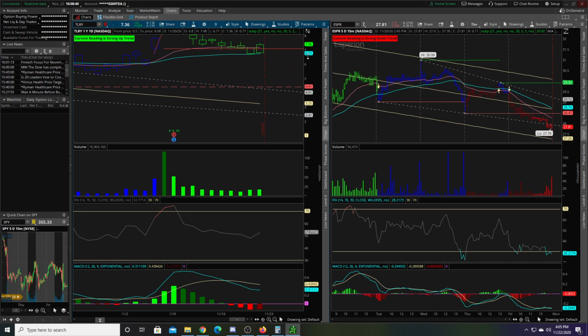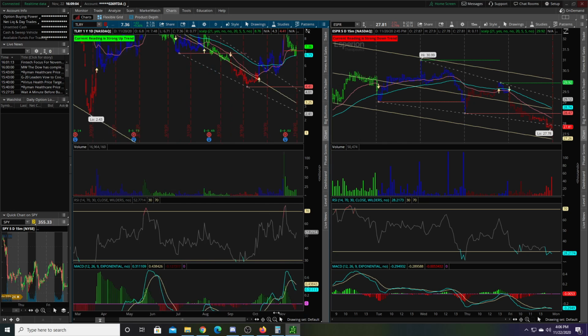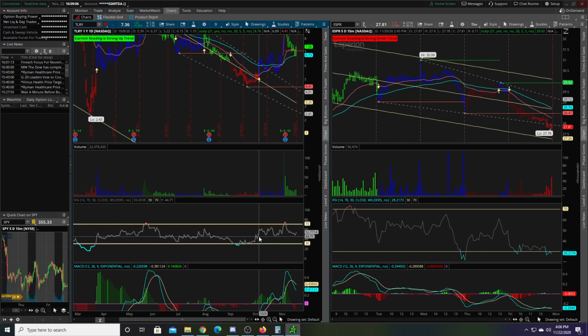I use the 50-day moving average and the 30-day moving average to see if we're getting a substantial move from the downside to the upside. You can see here, kind of in the middle range, so it is quite a guess, but if we look at the past history, it has been trading in this zone for quite some time right here.